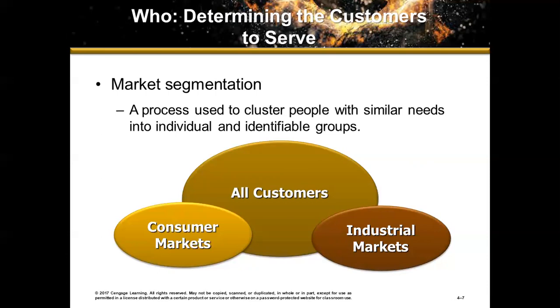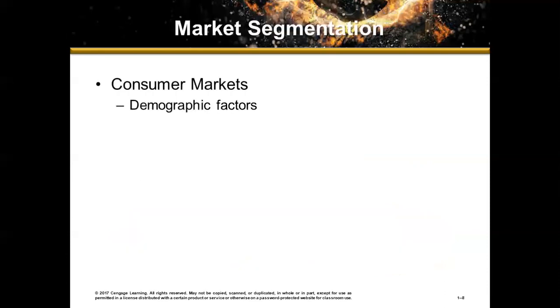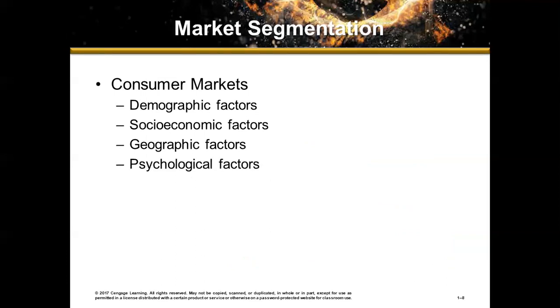Market segmentation. It is a process used to cluster people with similar needs into individual and identifiable groups. For example, all our customers, we're going to make a cluster. We have consumer markets and industrial markets. For consumer markets, we have to consider demographic factors, socioeconomic factors, geographic factors, psychological factors, consumption patterns, and perceptual factors.